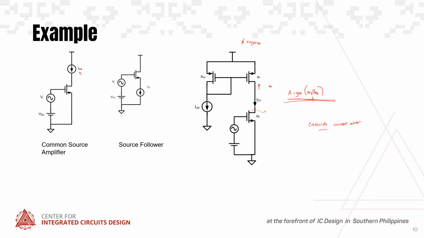Let's see if we still have time to discuss it, but basically this common source amplifier has a new gain of gm times RO2 parallel RO1 given this current mirror as our active load.